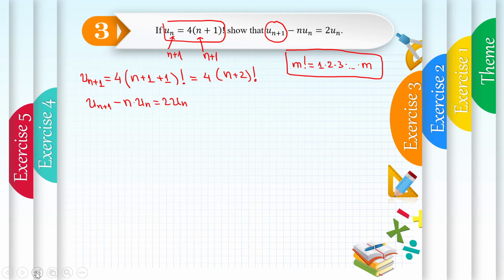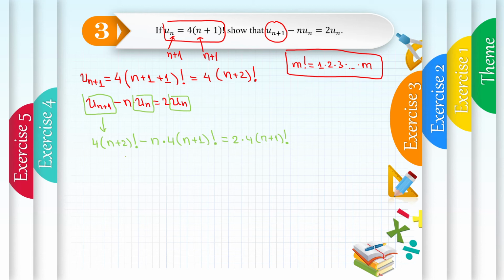So instead of u(n+1), we will put the expression 4 multiplied by (n+2) factorial, minus n. Instead of u(n), we'll put its formula 4(n+1) factorial. We have to prove that this gives us 2, and instead of u(n), we'll put 4(n+1) factorial.